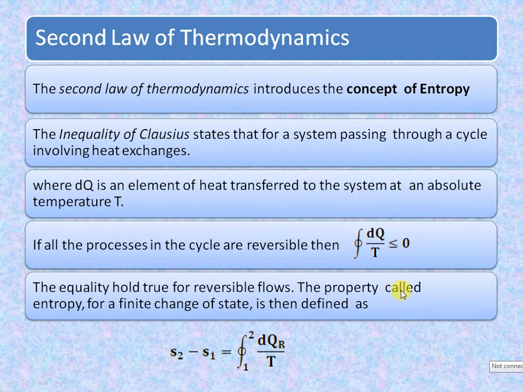The next important law is the second law of thermodynamics. This law has two statements, the Clausius statement and the Kelvin-Planck statement. The second law of thermodynamics introduces the concept of entropy.